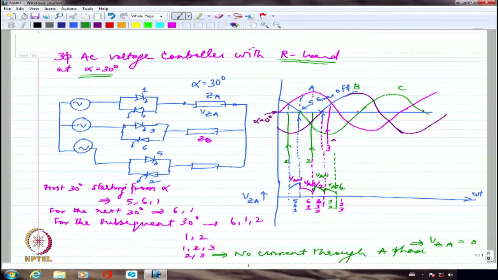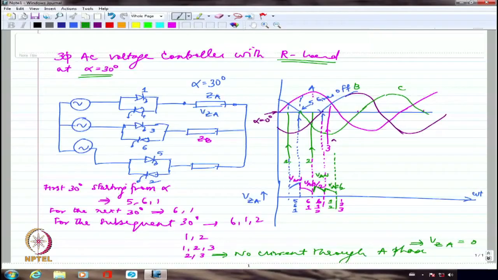All the time per phase voltage is going to come up. So in which case you will hardly see any control over the output voltage. So you would see more control over the output voltage, especially in the case of RL load, only if alpha is somewhat larger. Otherwise you are not going to see much control over the output voltage at all.